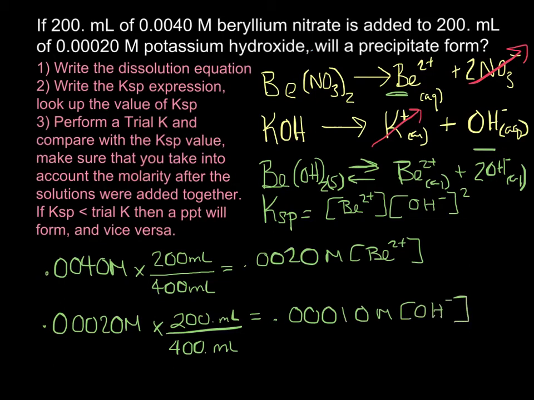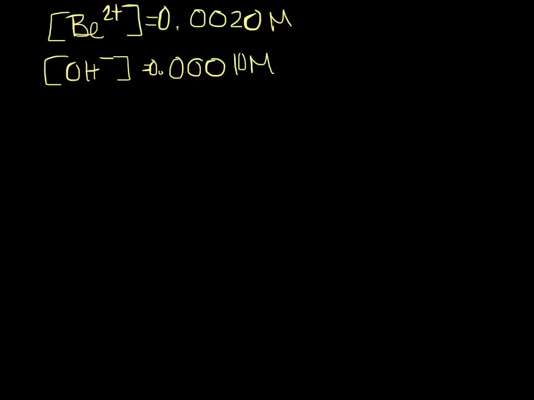Alright, so now we know the concentrations of the two substances. We're going to plug these values back into our expression for Ksp. Now, since we don't know if it will completely dissolve, we're not going to call it a Ksp, we're going to call it a trial K. Alright, so I've copied my two molarities over, and we're going to do a trial K. The trial K is going to include these molarities, and we're going to plug them right into the expression that we have.